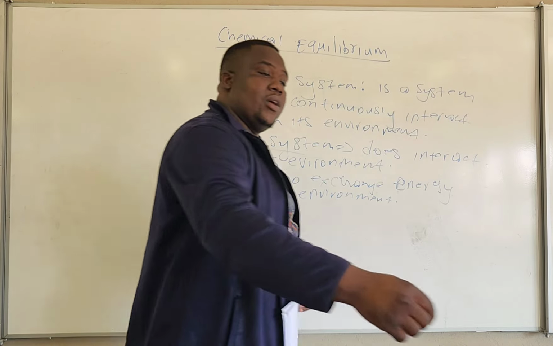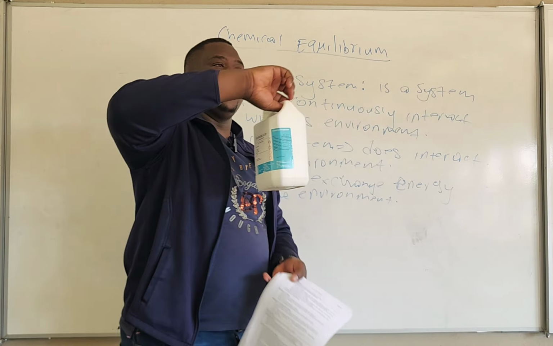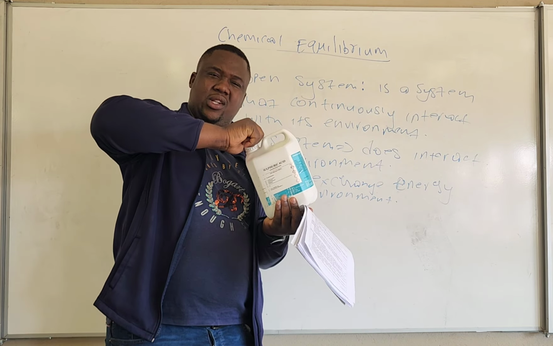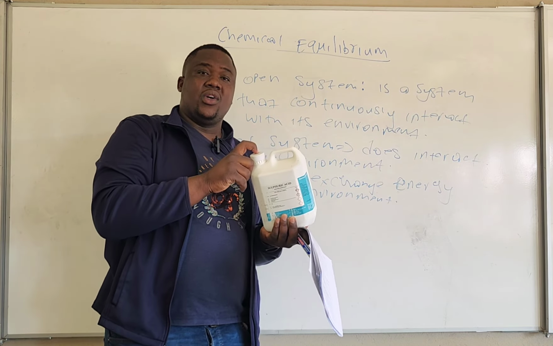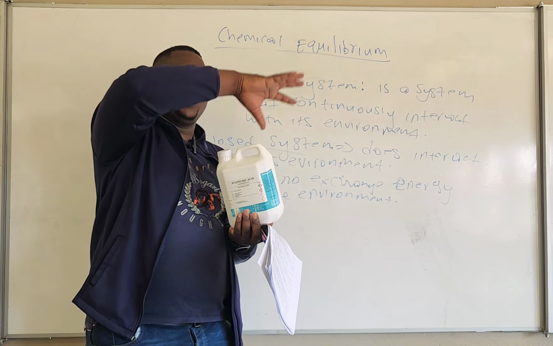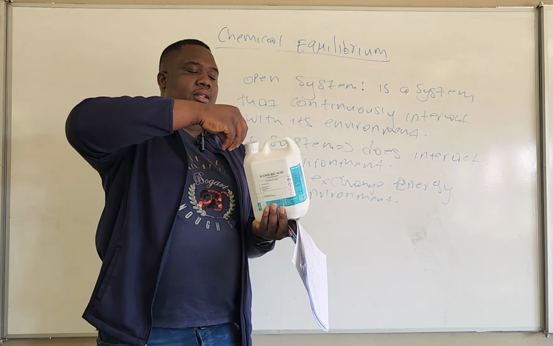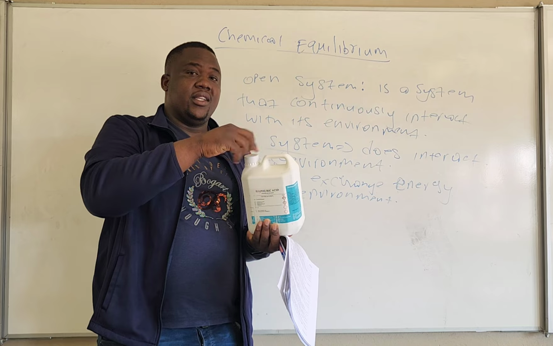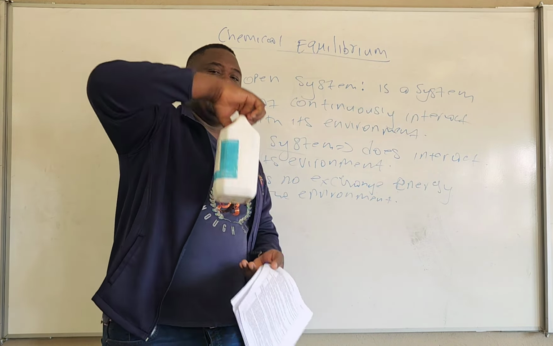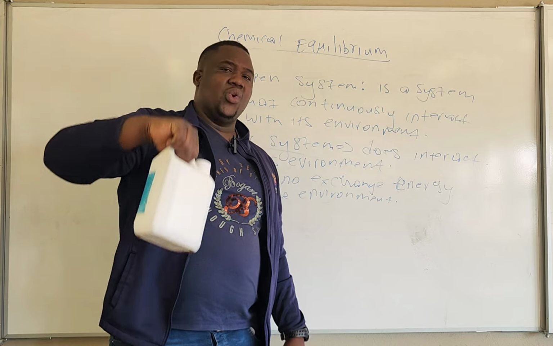An example of a closed system, look at what I'm having. I'm having this bottle. The bottle is closed. So since it's closed, the content that is here is isolated from this environment. There is nothing that can get into this bottle, and there is nothing that can escape. So we say that this system is closed.